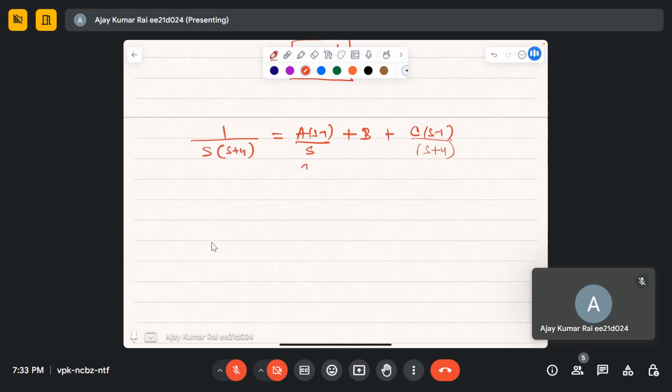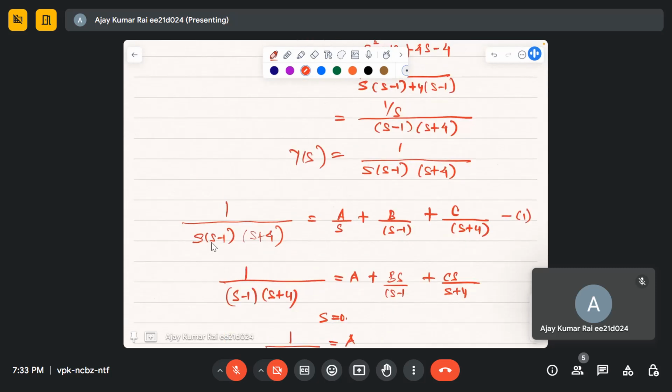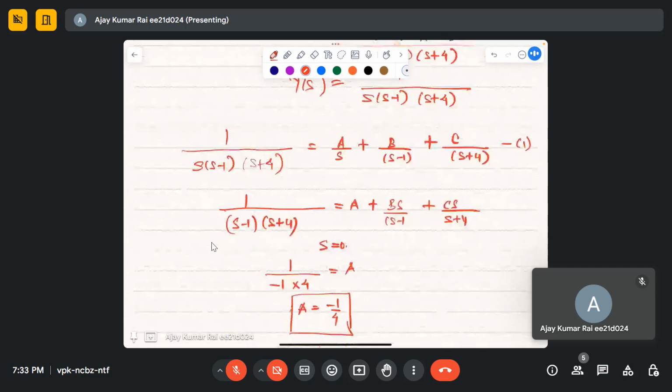And you put s equal to 1. Simple. You put s equal to 1, this is 1 into 4, which is equal to b, because the numerator of the first term and the third term will be equal to 0. So b will be equal to 1 by 4. Similarly, for c, multiply equation 1 by s plus 4.